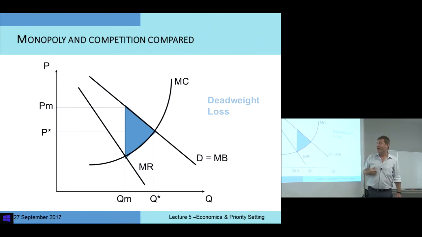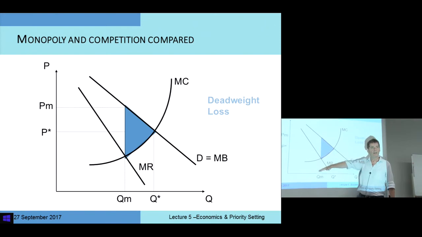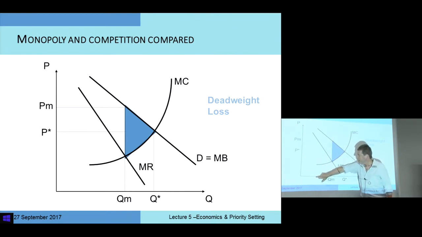So you can imagine the area under the demand curve is the amount of benefit that people are getting. So if we're at a small quantity being purchased, the people who make up this part of the demand curve, the people purchasing it, they value this good very highly.